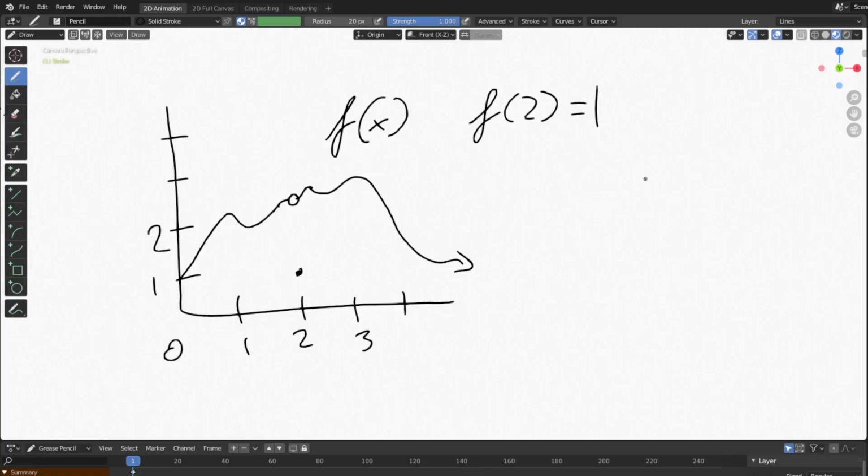However, let's say this is like 2.3. If I were to say, what's the limit as x approaches 2 for function f of x, the answer would actually be 2.3 because both on the left side and the right side, the value approaches 2.3.